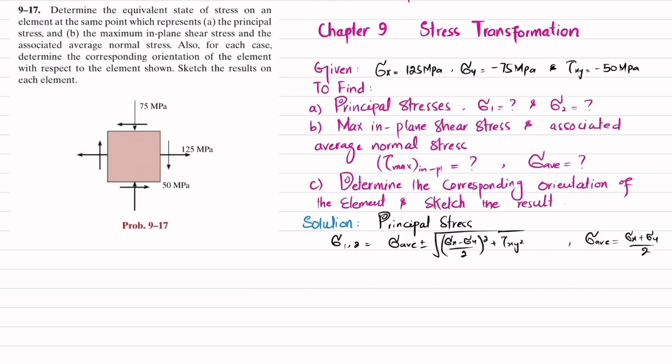So put the value, we have sigma 1 comma 2 is equal to sigma average, which is sigma x plus sigma y divided by 2, so 125 minus 75 divided by 2, plus minus the square root of sigma x, which is 125, minus sigma y, which is minus 75, divided by 2 whole square plus tau of xy, which is minus 50, square.